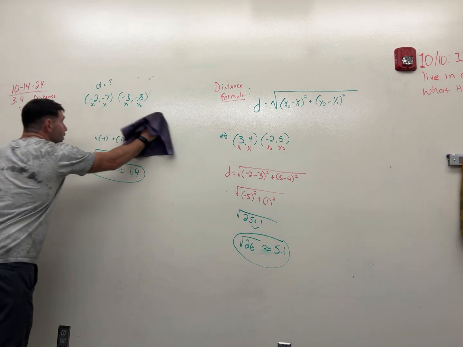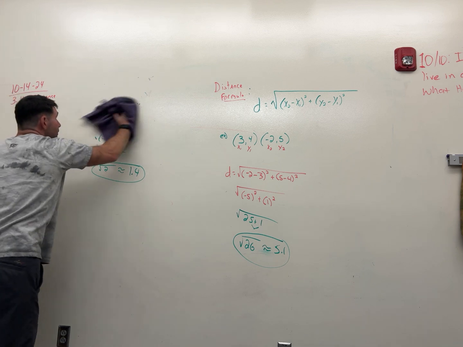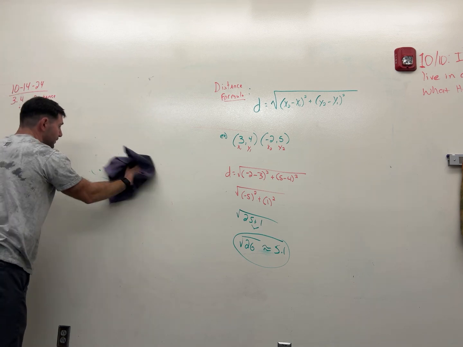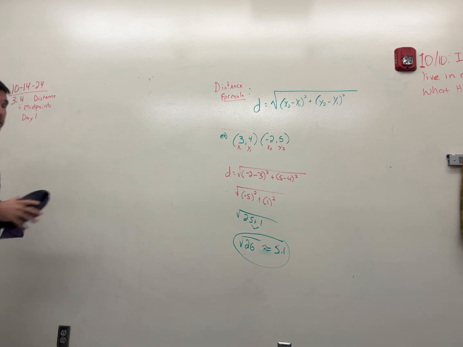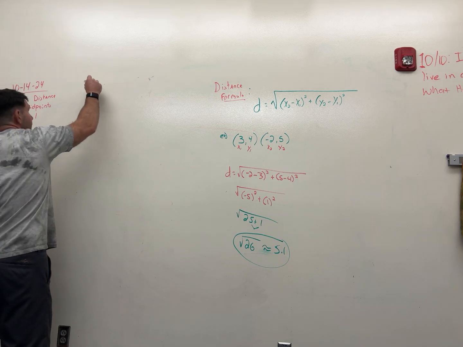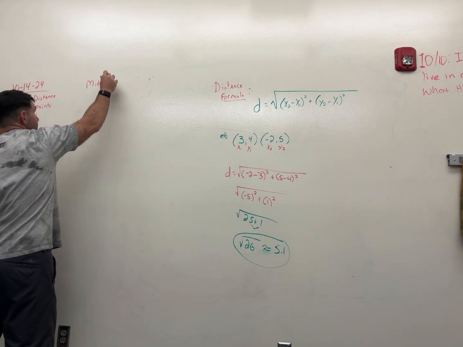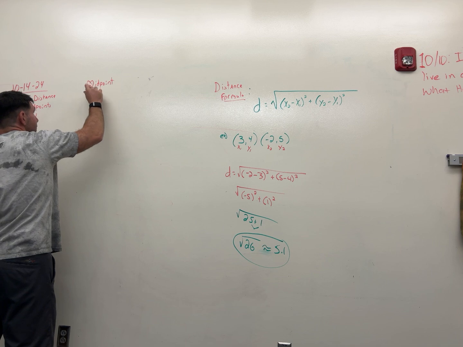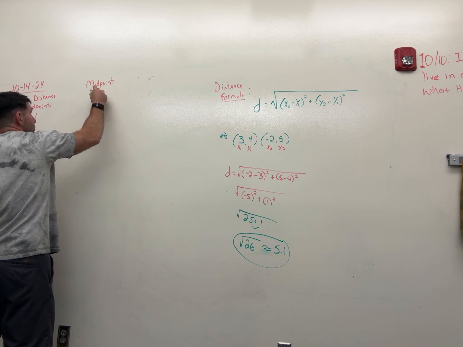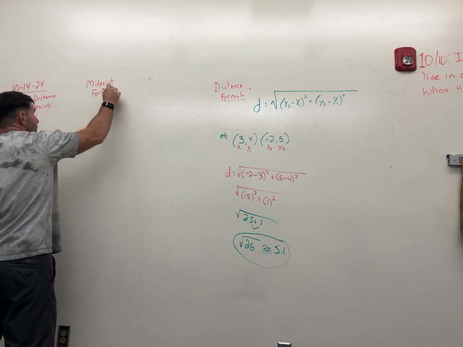Okay. One more thing that we're doing for today. We are going to learn about the midpoint. So you all know what the midpoint is. That's the halfway point between 2 points on a segment. But today we're going to learn the midpoint formula.